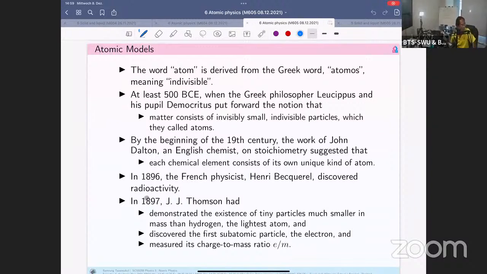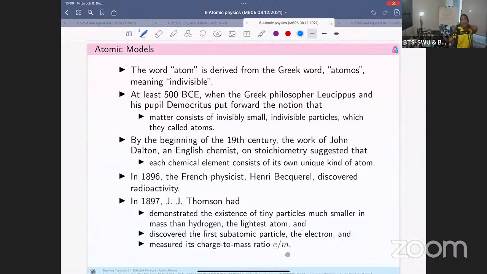It's 1897. How many years ago? 224 years ago, J.J. Thomson discovered the ratio of charge to mass, okay?